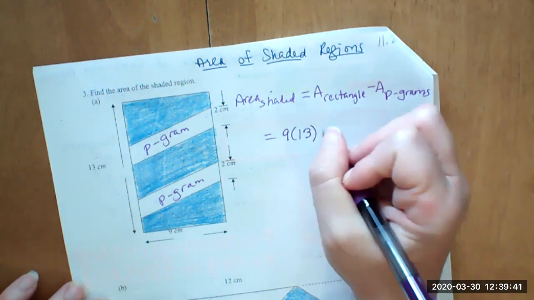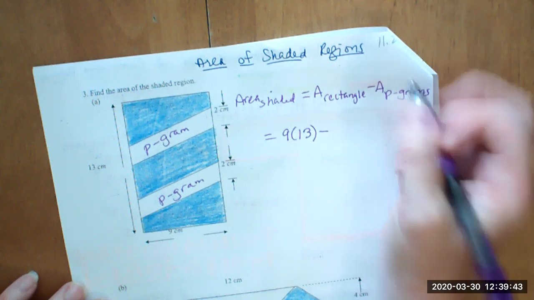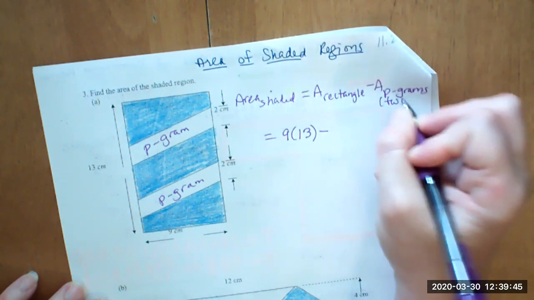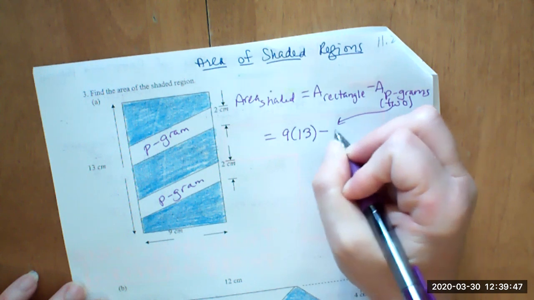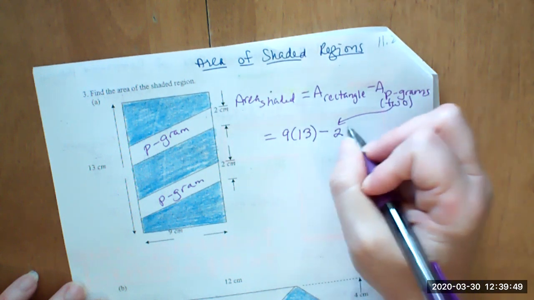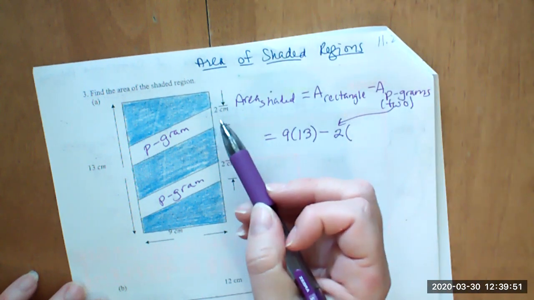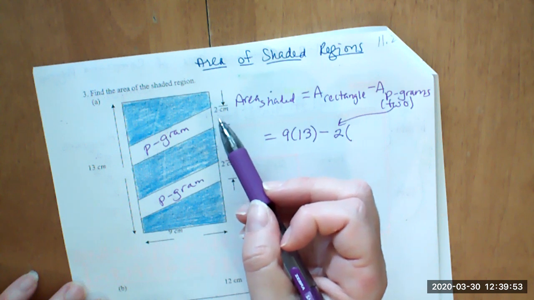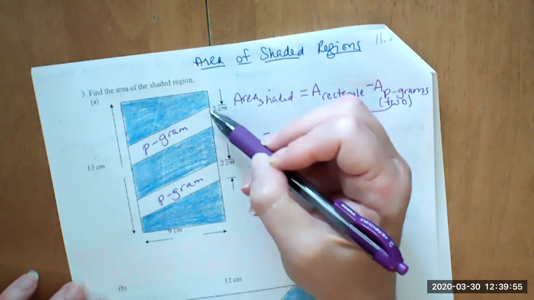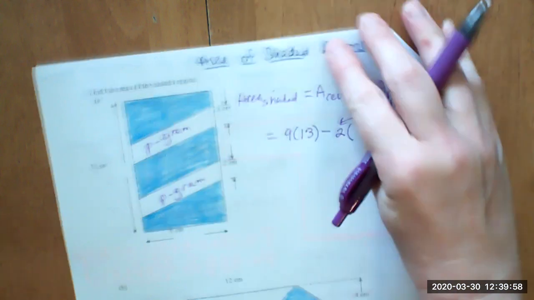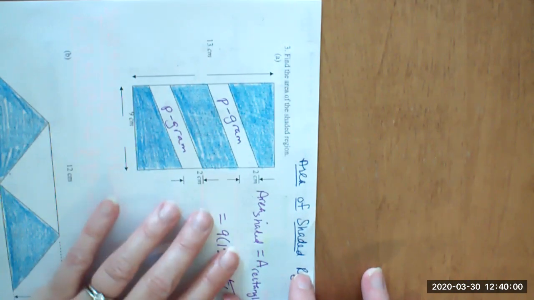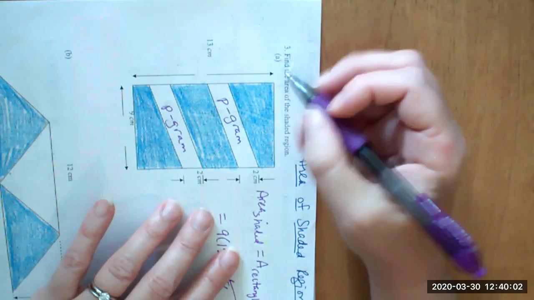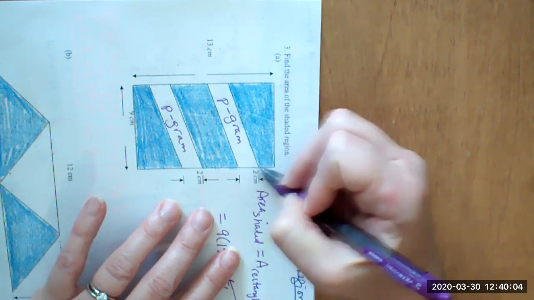And we've got 2 parallelograms, okay? So we have 2 of those. So keep that in mind, there are 2 of those. So we're going to take 2 times, and again, for the area of a parallelogram, we have a base and a height. So if we rotate the paper here, you can notice here that you've got a base here of 2.